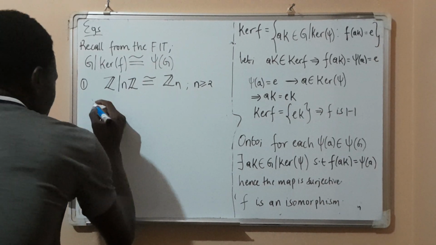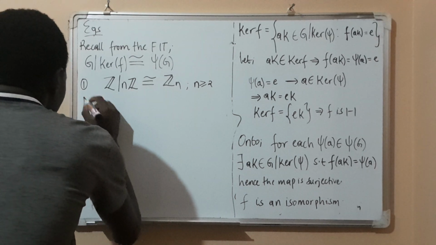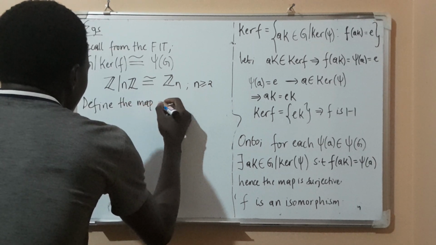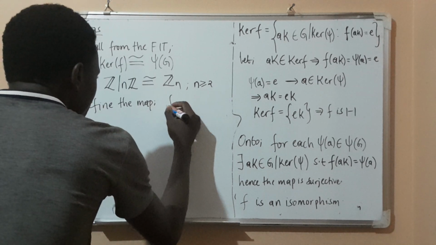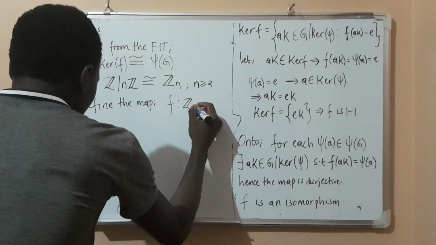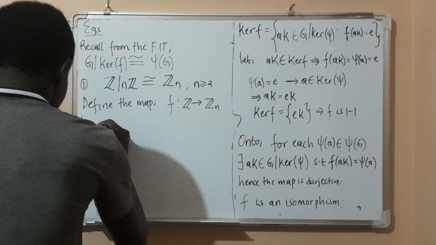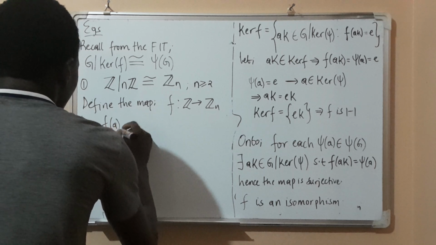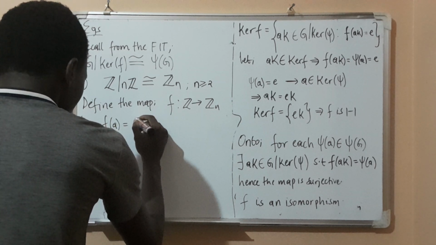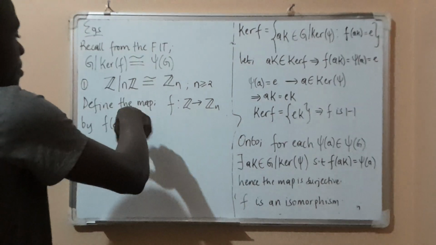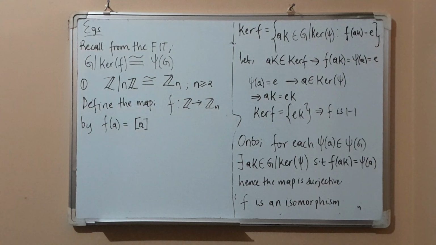Let me first define the map. Define the map F sending Z to Zn by F of a equals the elements which are equivalence classes within Zn.